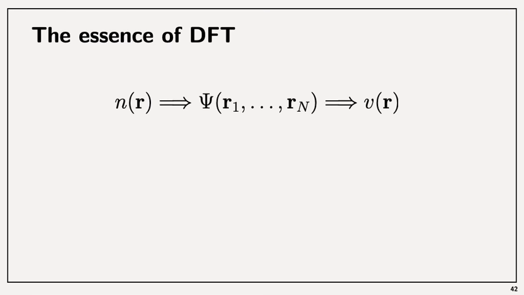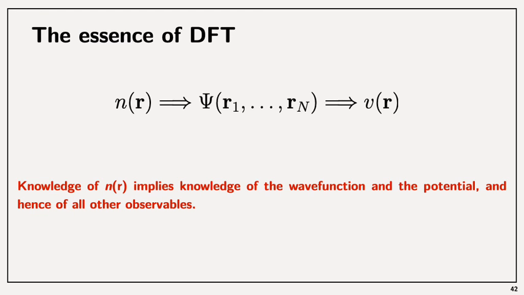The last thing I want to do is give you an idea of what we are going to do. I've not proven it to you, but I will: the knowledge of the density is enough to know the wave function and the potential, and hence the observables.